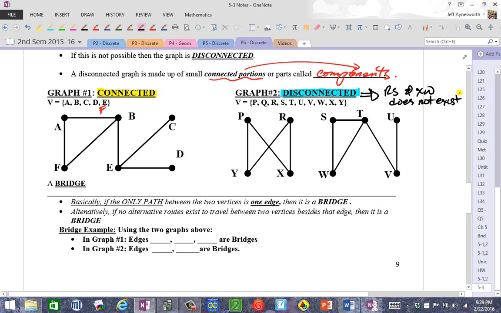Therefore these are two different components, but put together they form one graph.